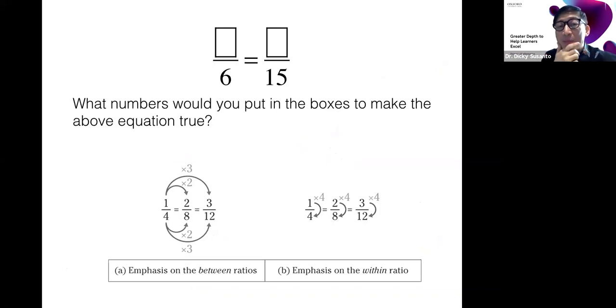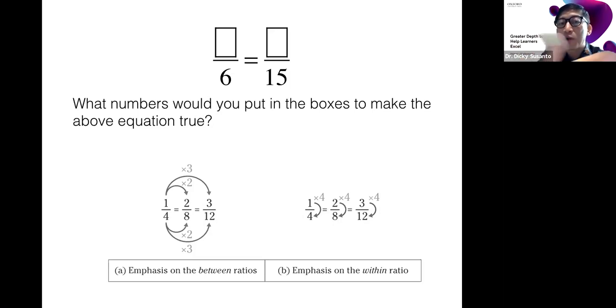So this is an example for when students have a good idea of what equivalent fractions are. If they only work symbolically, for example, you only teach them to multiply the numerator by the same number as the denominator, I can guarantee a lot of your students will have a hard time with this.